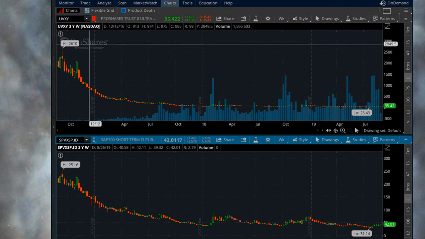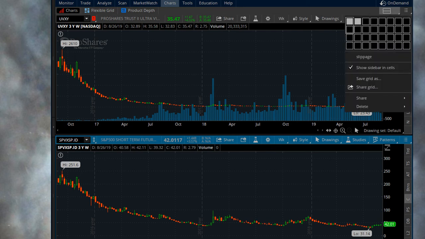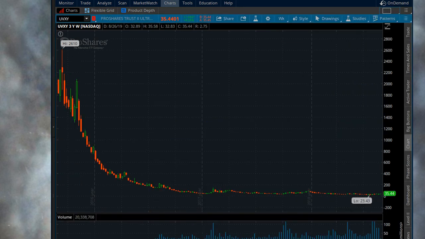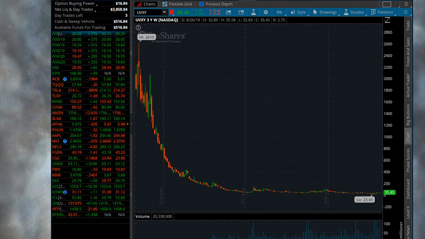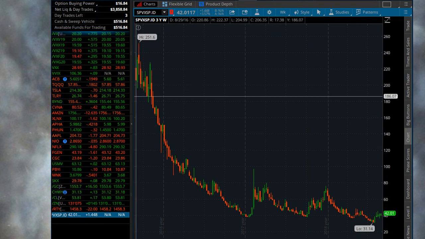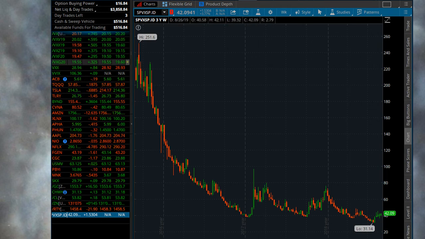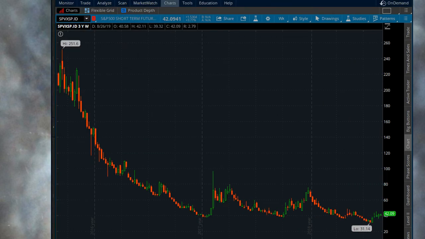So let's just go to one chart here for a second. Let's take this underlying index, SPVXSP.ID. That just rolls off the tongue, doesn't it?